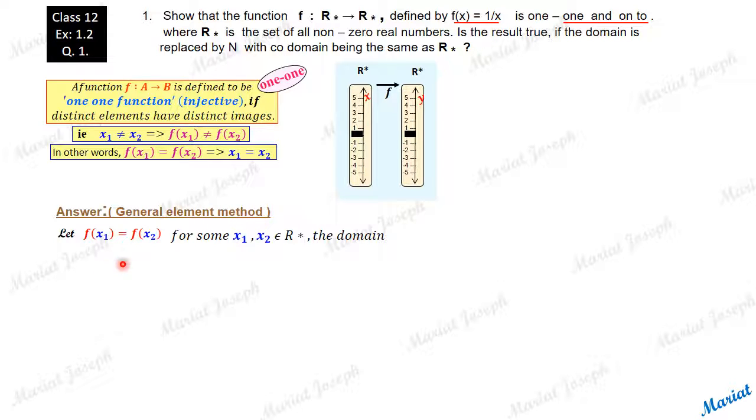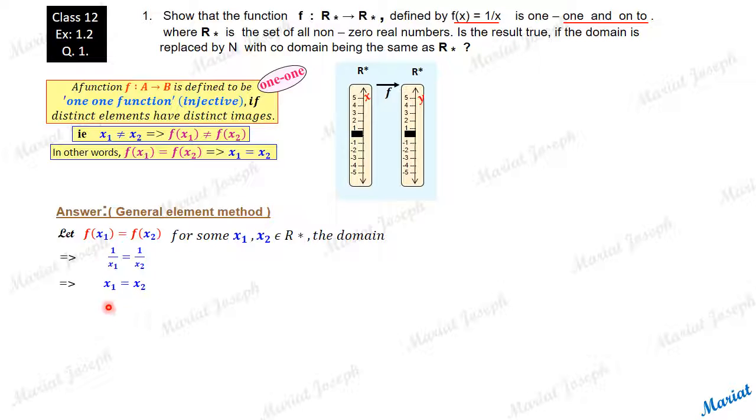So this implies that 1 upon x1 and 1 upon x2 are equal. This is a simple equation from which we can say x1 and x2 must be equal. That means whenever we have f of x1 and f of x2 equal, we could logically prove that x1 and x2 are also equal in this example.